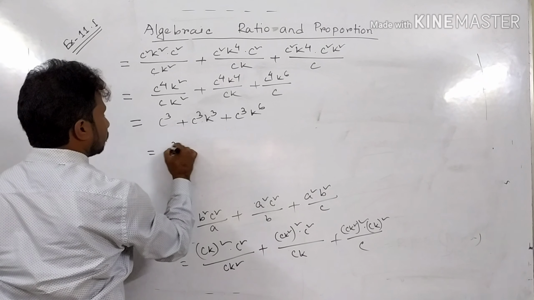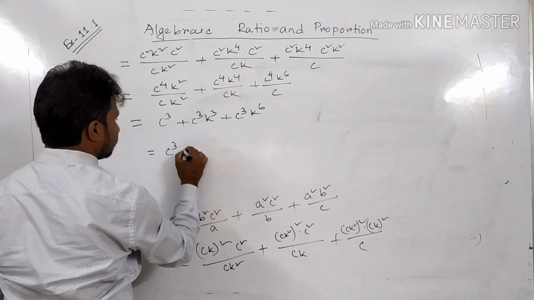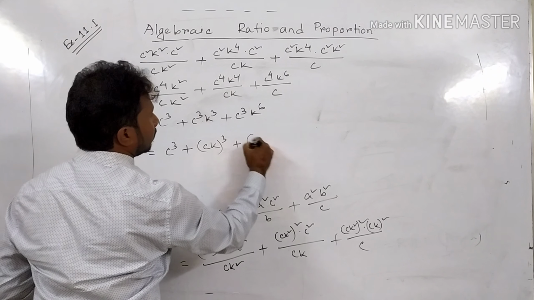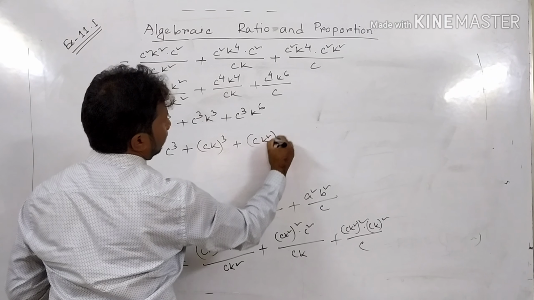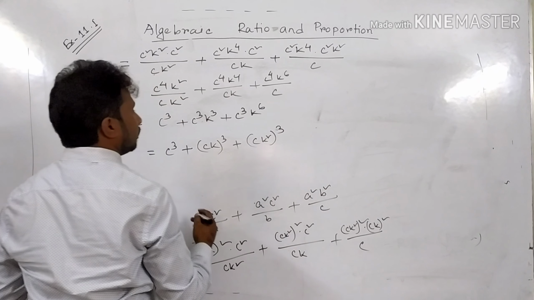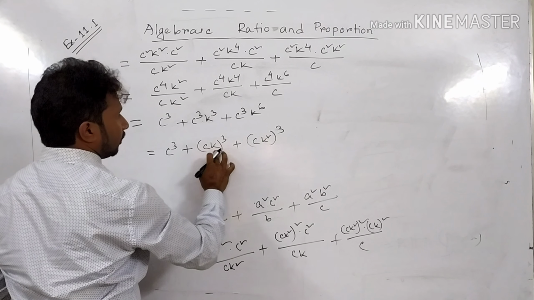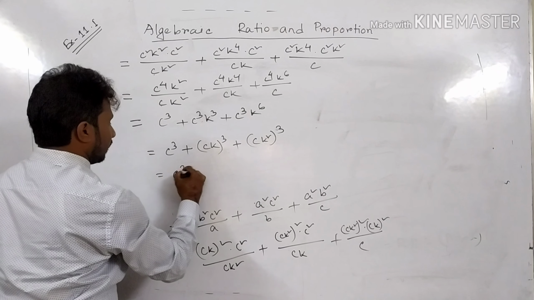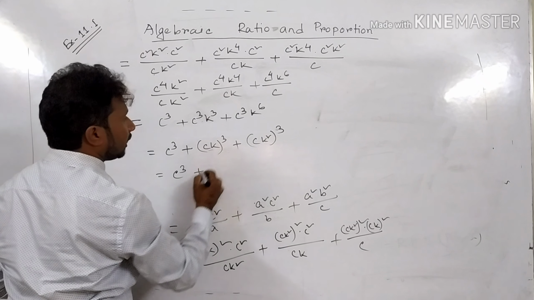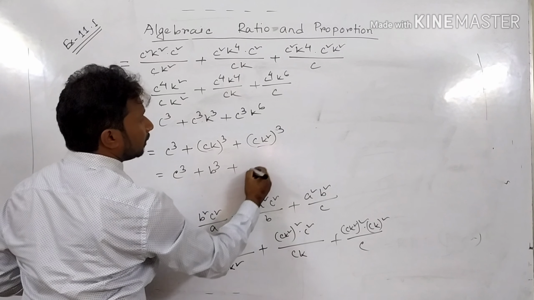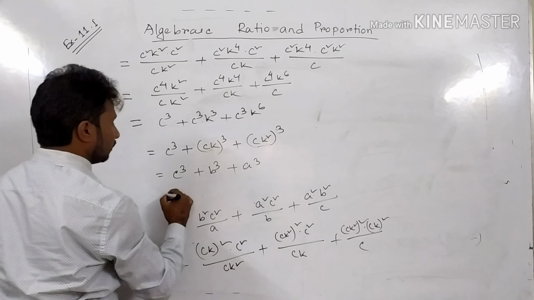So here you get c cube, here you can write ck cube, here we can write ck cube. Now it is c cube k cube, c cube k to the power 6. Now again we can write ck is the value of b, so it is b cube. It is the value of a, now it is a cube.